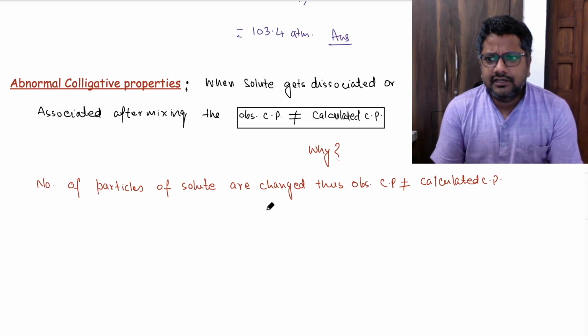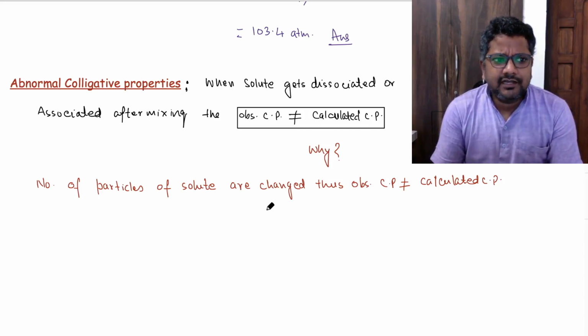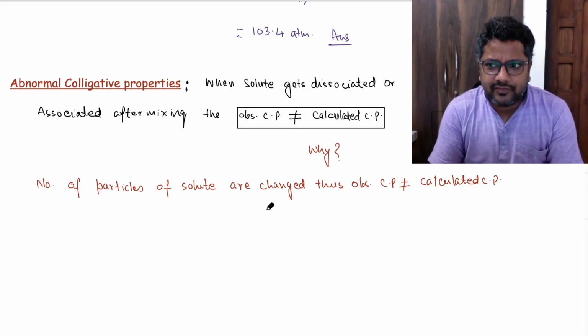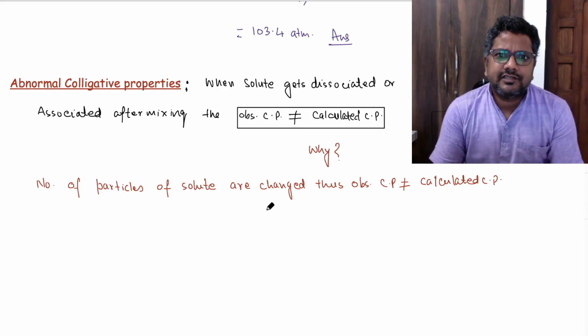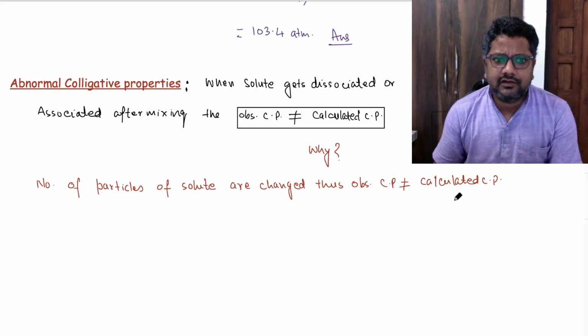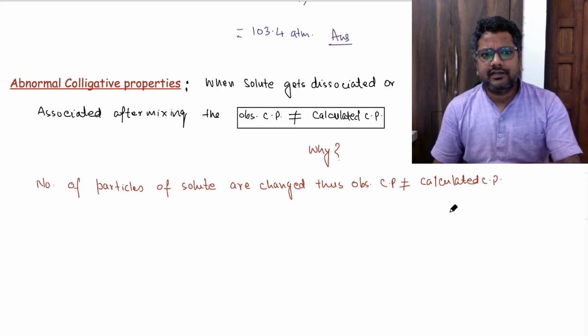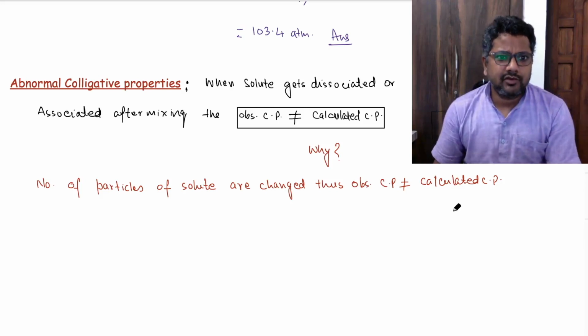We can see what this will affect and how this will change. Van't Hoff suggested one method for this, known as the Van't Hoff factor. He suggested a dimensionless factor that correlates the observed colligative property and the calculated colligative property, and by using it you can calculate the observed colligative property.